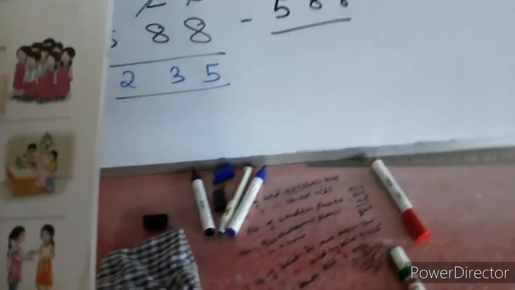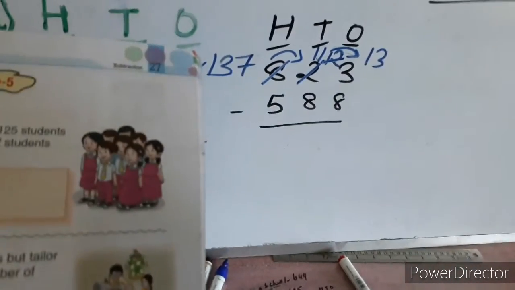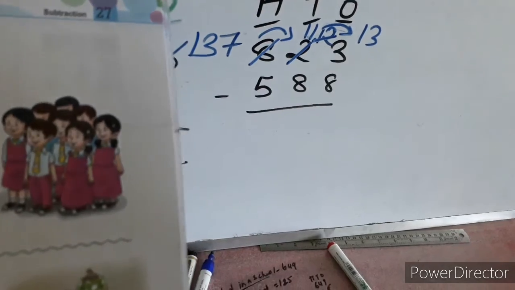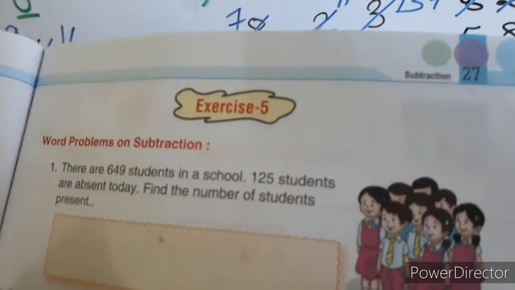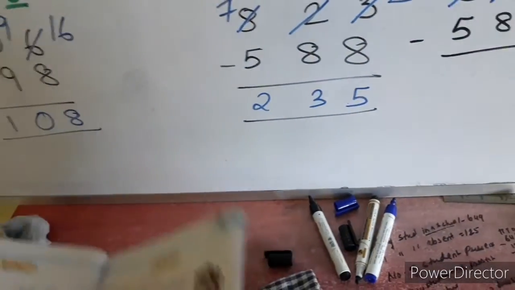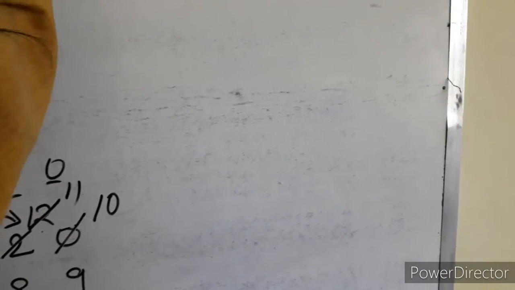Now I am going to show you Exercise 5, the word problems. I will show you 2 questions, and the rest you have to do yourself. It's very easy. I will show you the process here.